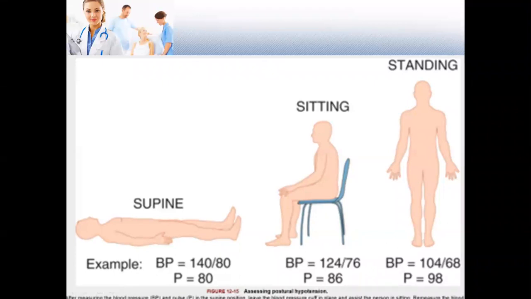Let me recap it. I said for the patient with orthostatic hypotension, if we measure the blood pressure in 3 positions, like lying down, sitting, or standing, every time the systolic blood pressure decreases by more than 20 millimeters of mercury when changing position, and or diastolic blood pressure decreases by more than 10 millimeters of mercury with a 10 to 20% increase in the heart rate.